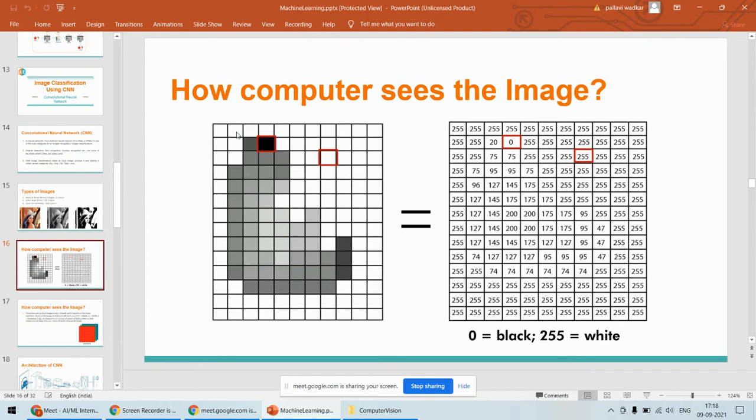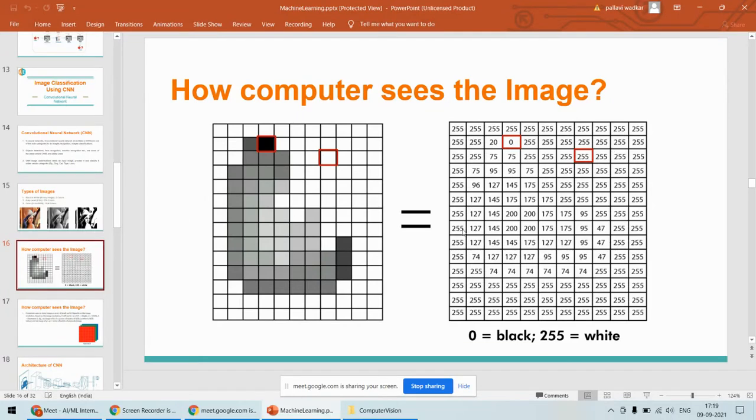That's the pixel. Now you see there are a number of pixels, and wherever there is white color, the corresponding value in the matrix is 255, and this red-marked black color has a value of 0, and somewhere there are gray shades, so you get values like 75, 95, 127, 145. Wherever there is perfect white, there is 255.